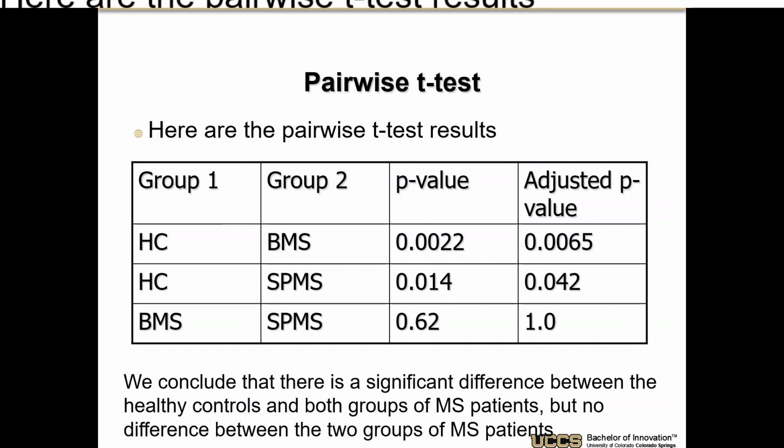So I take my 0.002 and multiply by 3, and now my statistics value for that comparison is 0.006. For this one, it's 0.03, and for this one, it's 1. We clamp it at 1 if it's greater than 1. So in this comparison, are any of these significant? Well, we might actually decide that both of these are significant, because after correction at 0.05, both the base group and the secondary group have a statistically significant difference.